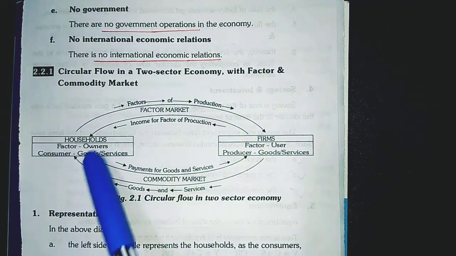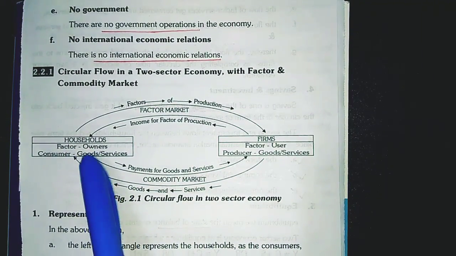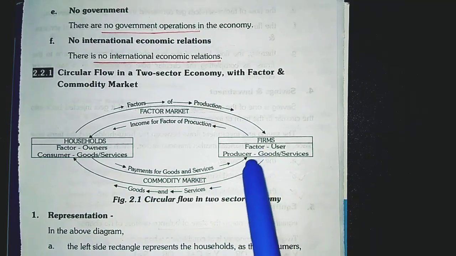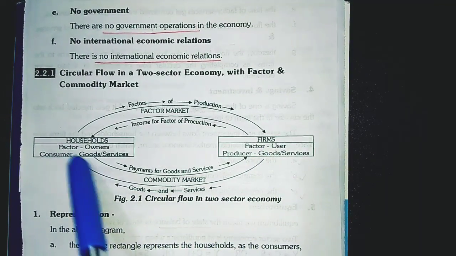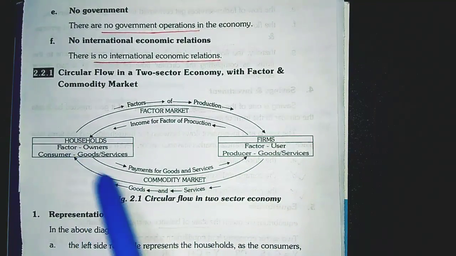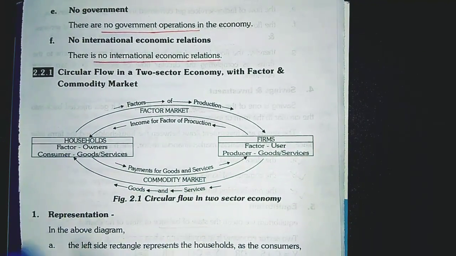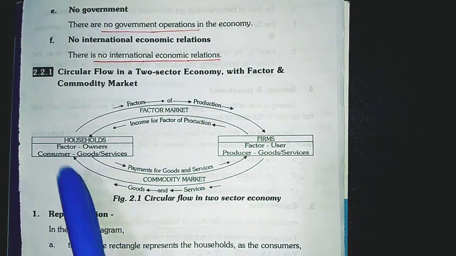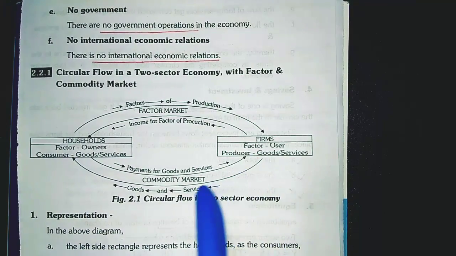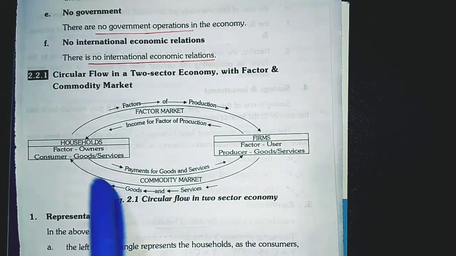Now the next one: after getting the salary, what will happen? They will again purchase goods and services from the firms. If the person is getting wages and salaries, they will have unlimited needs and wants. So again they are going to purchase the products from the firm itself.